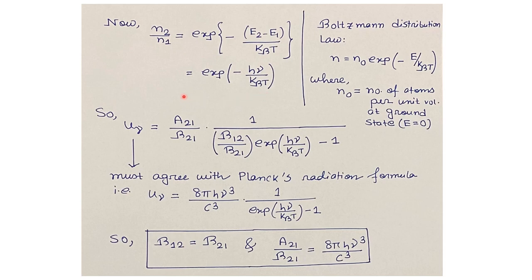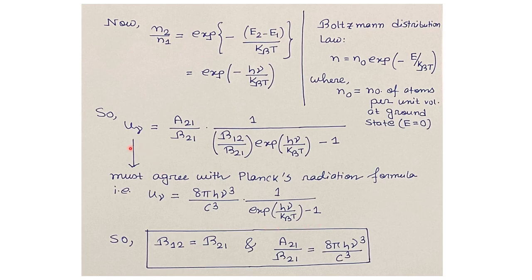We use this relation in the equation of energy density for EM radiation, that is U nu equals A21 divided by B21 times 1 divided by (B12 by B21 times exponential of h nu divided by kBT minus 1). Again, we know Planck's radiation formula is U nu equals 8 pi h nu cubed divided by c cubed times 1 divided by (exponential of h nu by kBT minus 1).